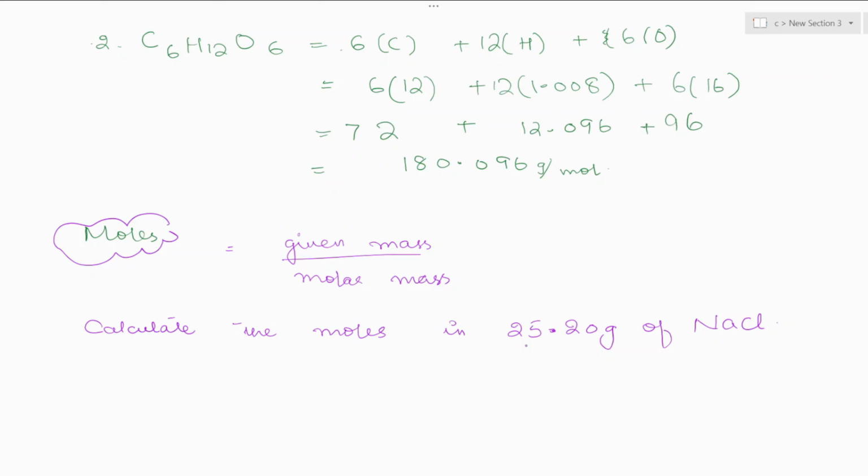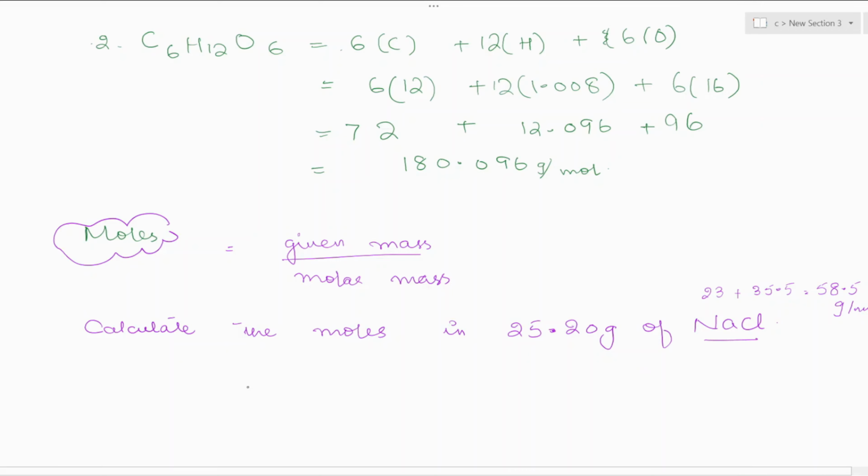What do we mean by molar mass? So you can calculate molar mass, right? Sodium is 23 and chlorine is 35.5. So the molar mass is 58.5 gram per mole.